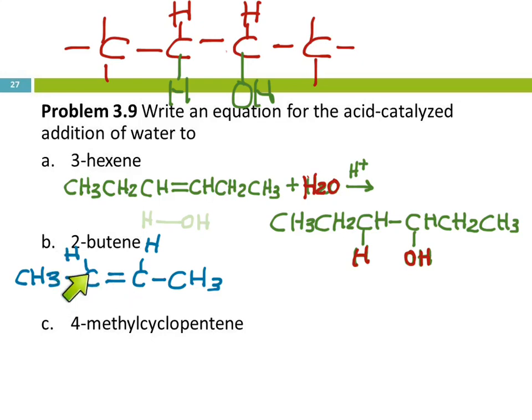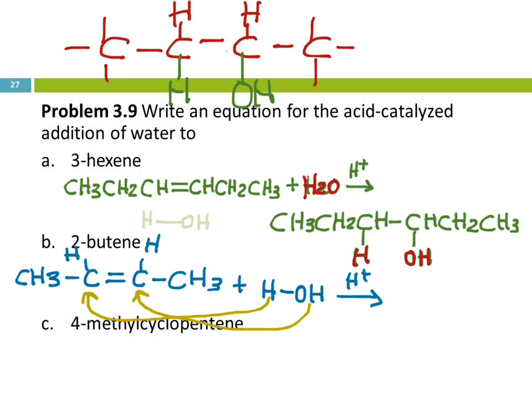This carbon has a hydrogen, and that carbon has a hydrogen. And we're adding water to this, with an acid catalyst. So this one is adding here, and this guy is adding there.